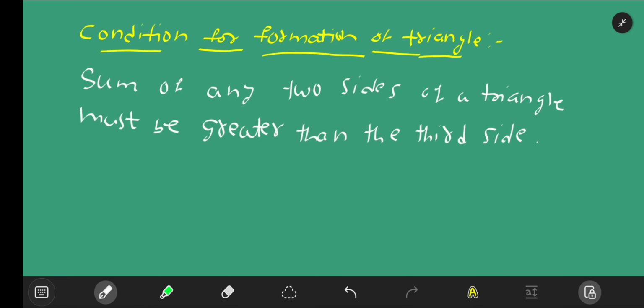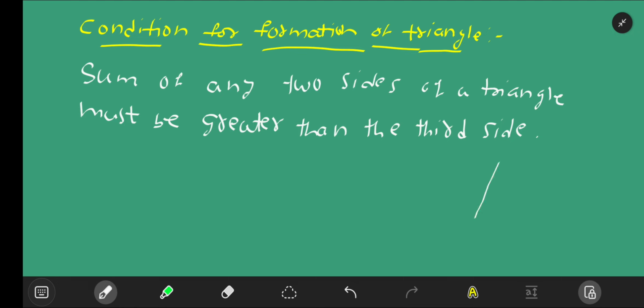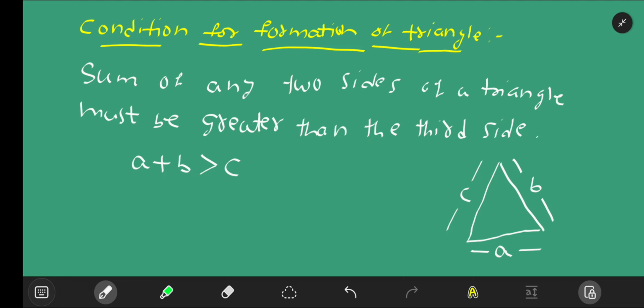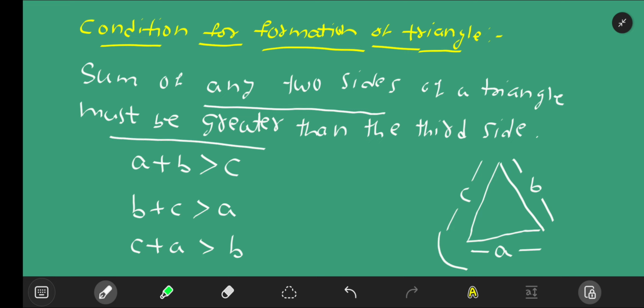Okay. The condition is, suppose this is a triangle. Here its sides have lengths A, B, and C. Now the condition is A plus B must be greater than C, or B plus C must be greater than A, or C plus A must be greater than B. The sum of any two sides of a triangle must be greater than the third side.